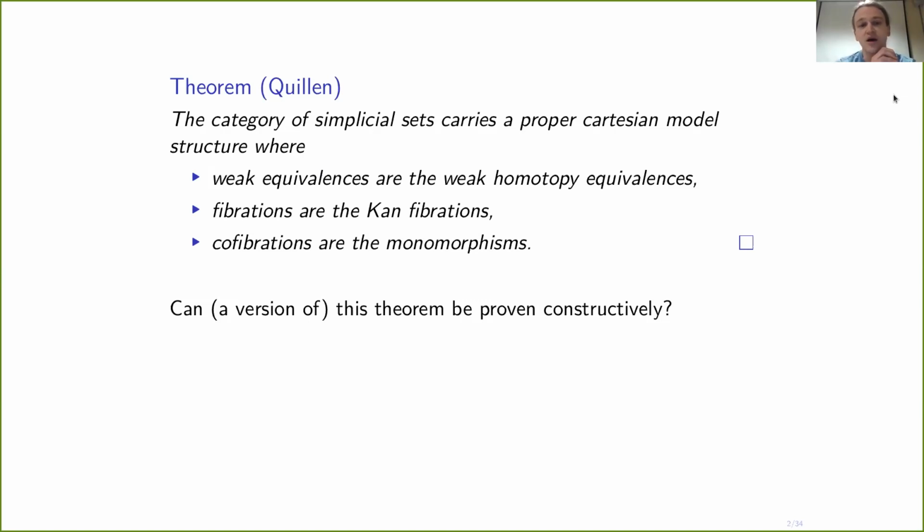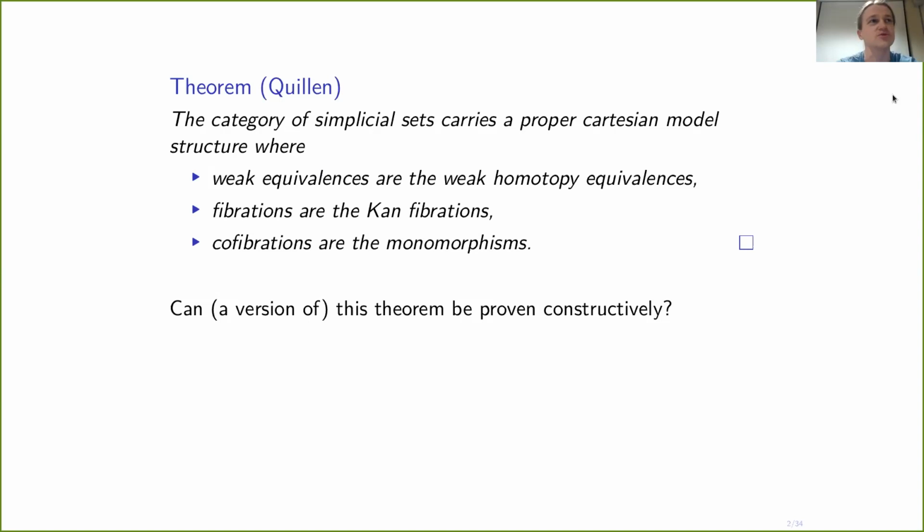Most of the proofs of a theorem that you can find in topology books or in various papers are indeed widely non-constructive, and most of the time they actually rely very heavily on the axiom of choice. Although to be fair, I think that the techniques that are necessary for this theorem have been known for quite a while. It's just that probably nobody really bothered to put them together into a complete proof.